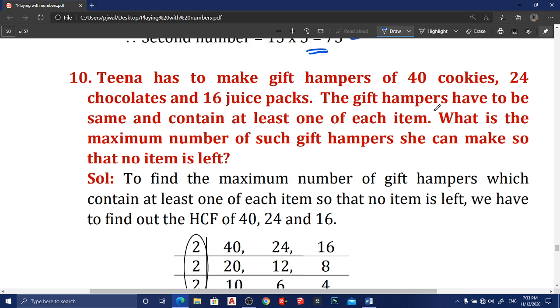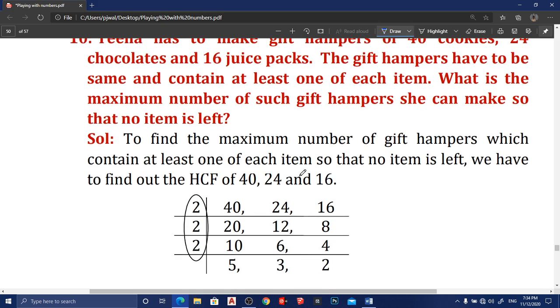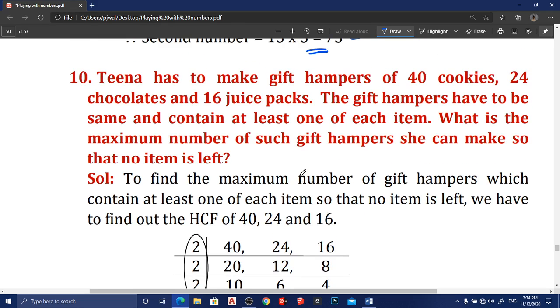The gift hampers have to be the same and contain at least one of each item of these three items. What is the maximum number of such gift hampers she can make so that no item is left? No item should be left.